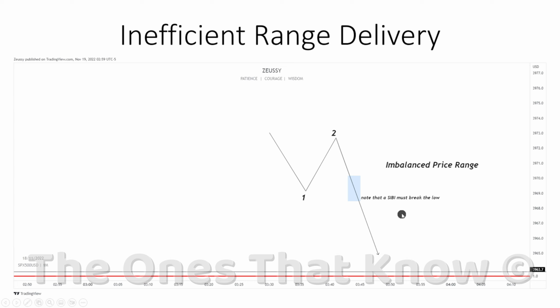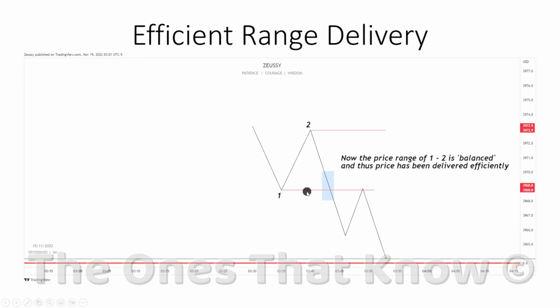So it's really important to know that a CISD or an imbalance must break the low that got created here at 1. Once the market retraces and offers buy side again within this price range of 1 to 2, this whole price range becomes balanced and thus we can expect the market to expand lower if our draw on liquidity is in fact lower.